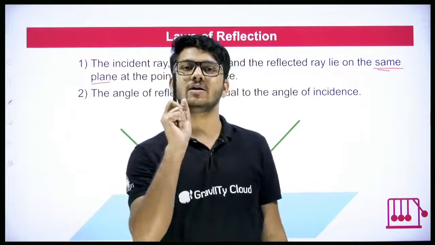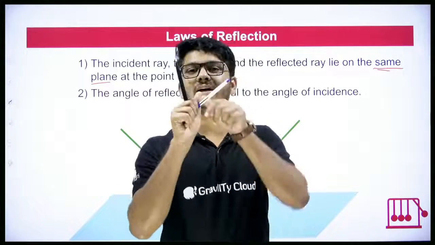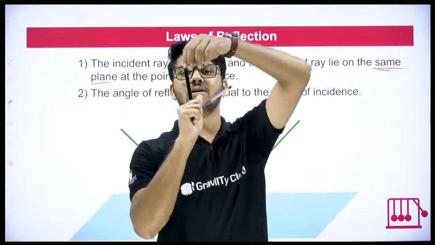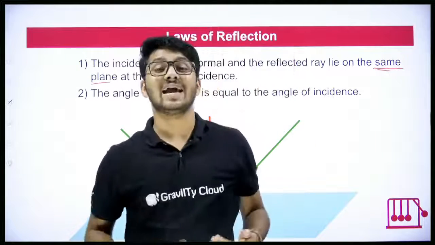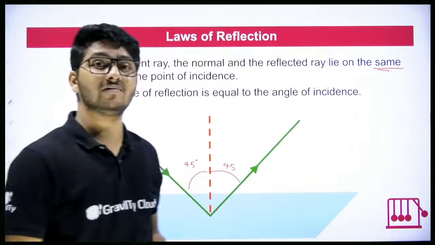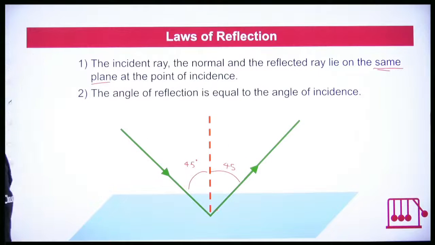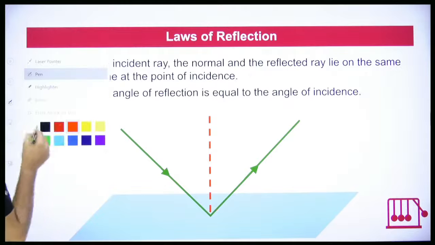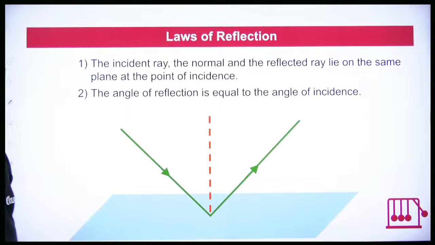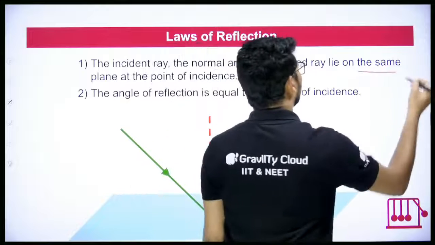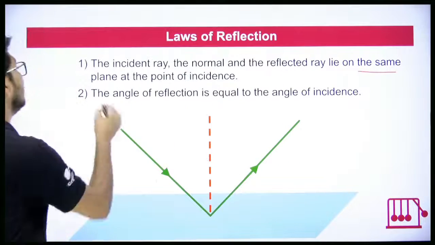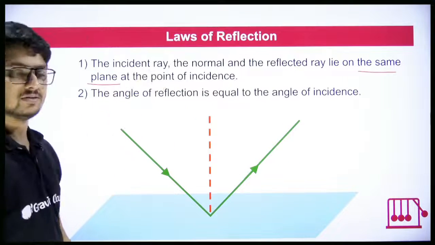If this is normal, and the angle is 45 degrees, the reflected ray could be anything. So is that enough to tell us in which direction the reflected ray will be? It is not at all enough. So what will we do? There is a special rule: they lie on the same plane at the point of incidence. Look at this.